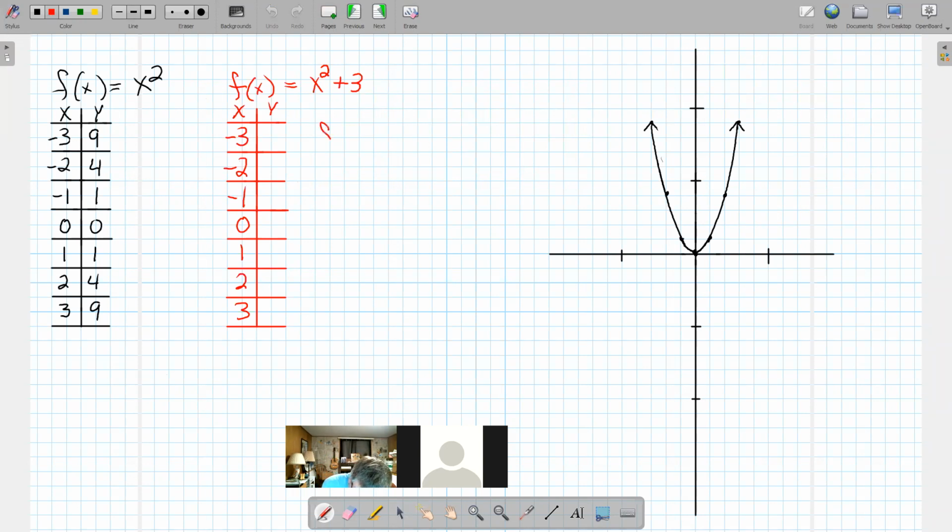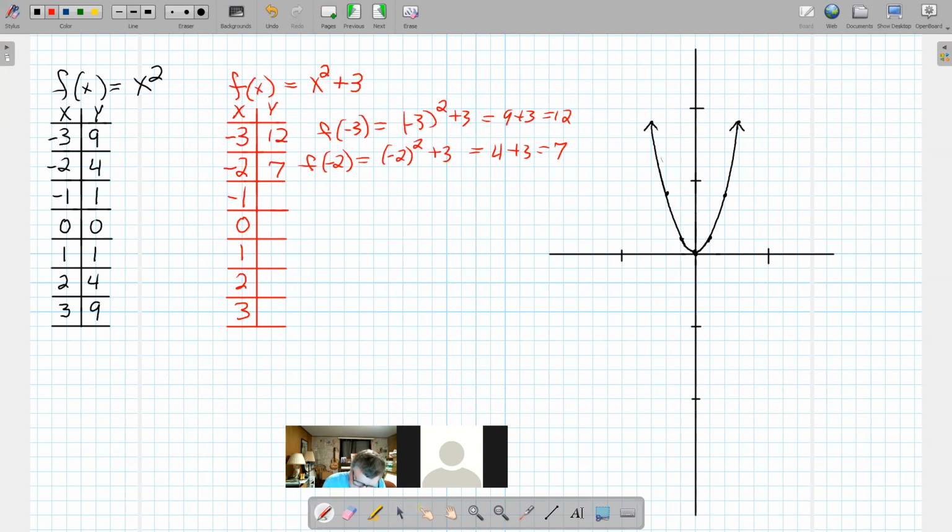So f of -3 would be -3 squared plus 3, which is 9 plus 3, which is 12. If x is -2, f of -2 equals -2 squared plus 3, which is 4 plus 3, which is 7.